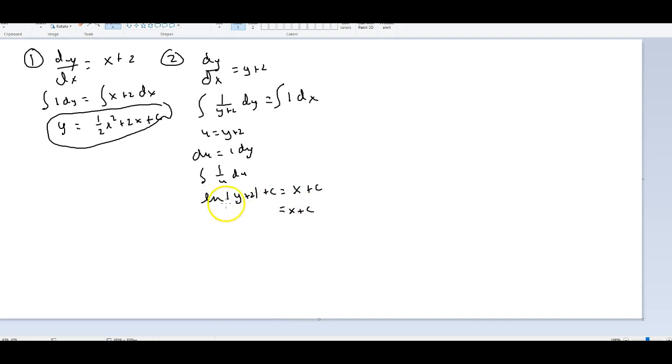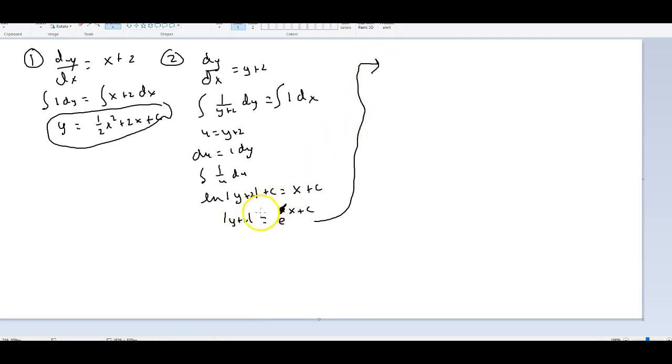I'm going to realize I have an ln over there, so I have ln absolute value y plus 2 equals x plus c, and I'm going to go e to the. I probably should get rid of those parentheses, but I'll put equal signs down here and get rid of these ones right here. To get rid of the ln, I swing the e back across. Before I get rid of the absolute value bars, let me finish this, and then right here we're going to do something different on our second pass.